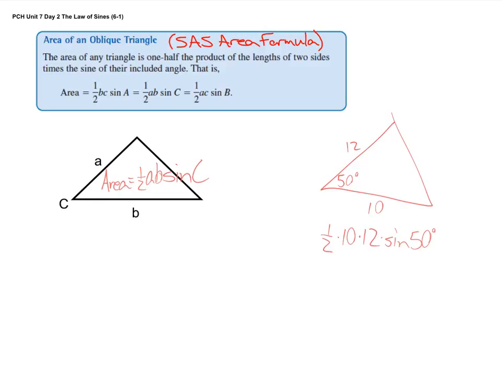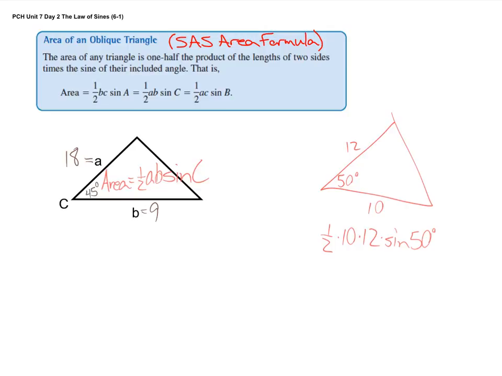So we could do just a quick example of this here. Let's say that we were given that this side here is 18, and this side here was 9, and this angle here was 45 degrees.